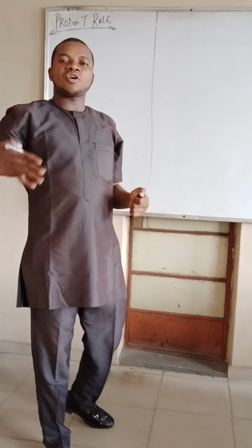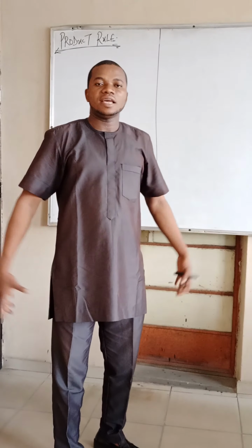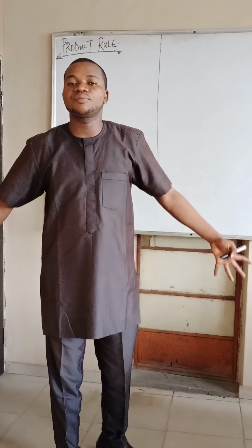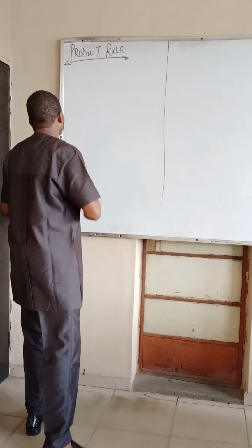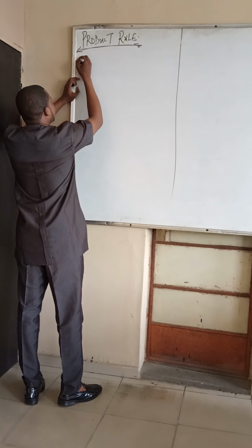A times B is a product of AB. A squared times A squared is a product of A raised to the power 4, and so on and so forth.